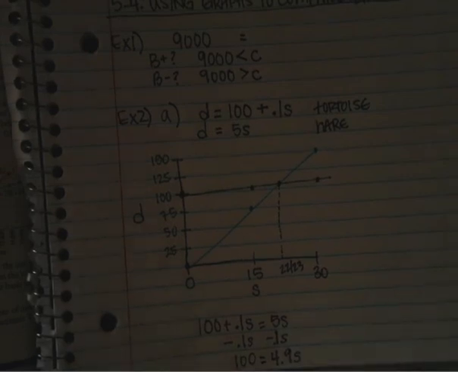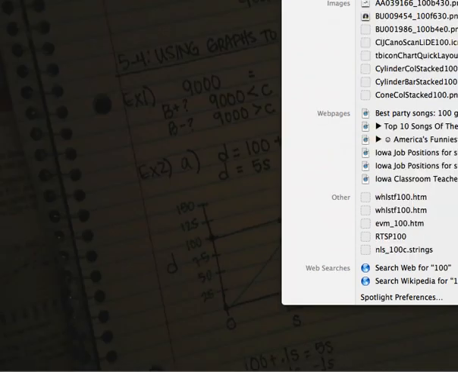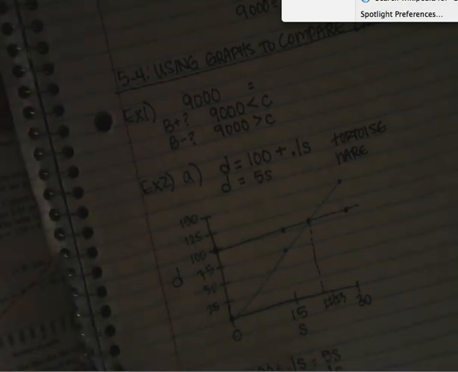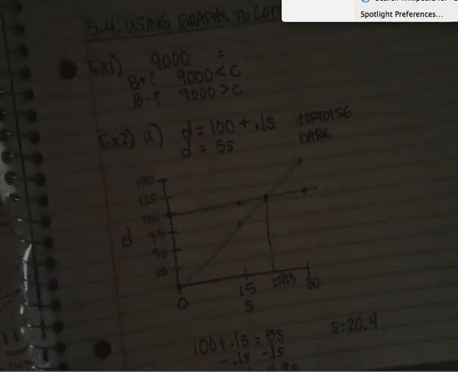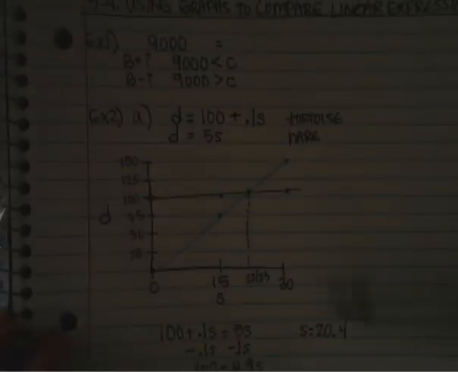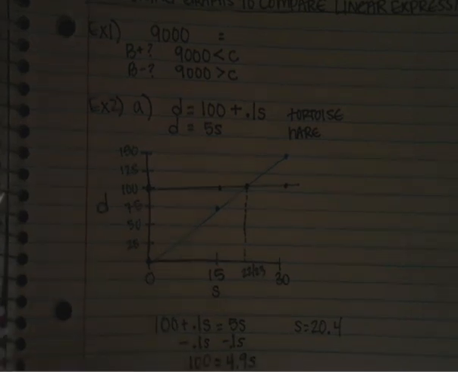So 100 divided by 4.9 is 20.4. Okay, so we were pretty close. My spacing is probably not great, but we were pretty close. 20.4 is when the tortoise met the hare.